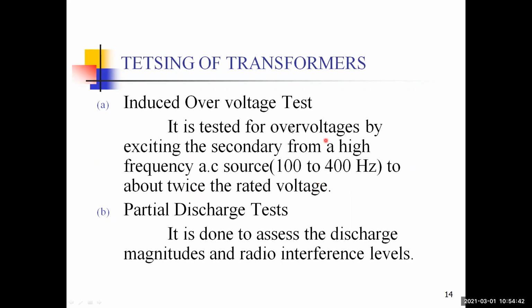So the induced voltage test is applied at a frequency of 100 to 400 Hz. The partial discharge test is done to assess the discharge magnitudes and radio interference levels, to see whether the transformer is affected by radio interference levels or not. So we have to check using the partial discharge test on the transformer.